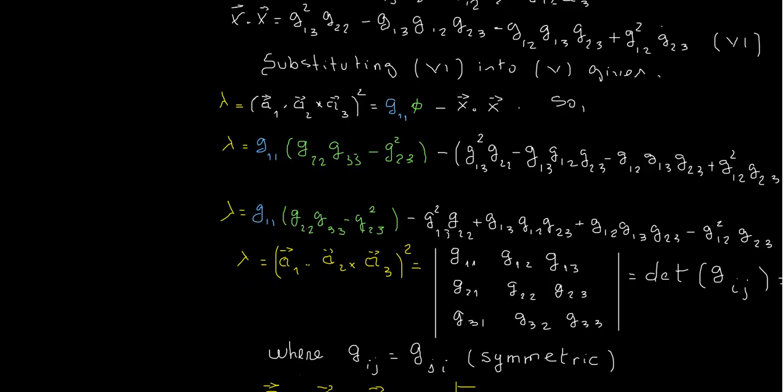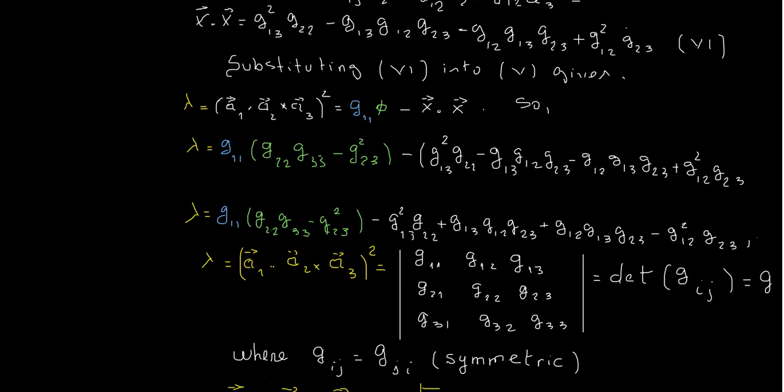So this here, the whole design here, I can represent this determinant. Okay? If you don't believe, you expand the determinant over here, then you lead to this expression. Okay? So lambda is this square, is equal to determinant of Gij, which I call G. Okay? So this mixed product will be square root of G.